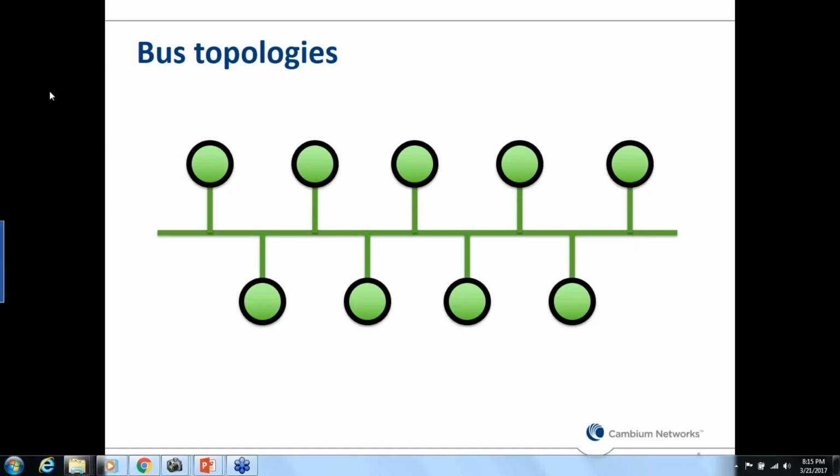So I must admit, bus topologies are not typically used today very much, but it's still important to conceptually understand them, to understand network topologies. Where they were originally seen is in some of the original Ethernet networks, what was called thinnet or thicknet, where this horizontal line here would be a single piece of copper cable that ran through the office or through the home, wherever the network is installed.